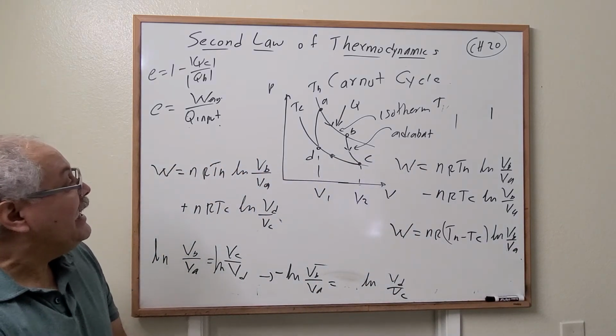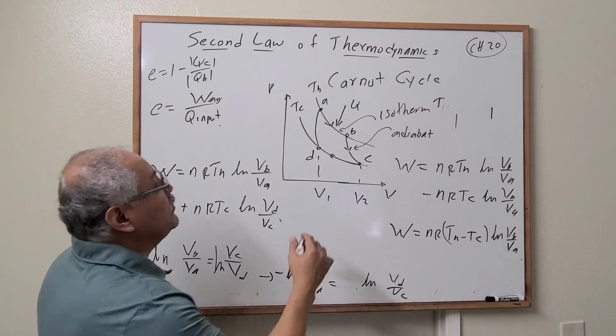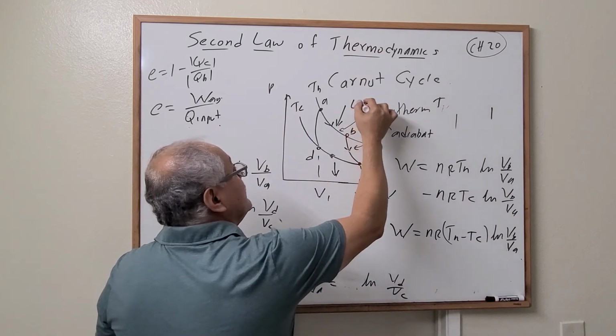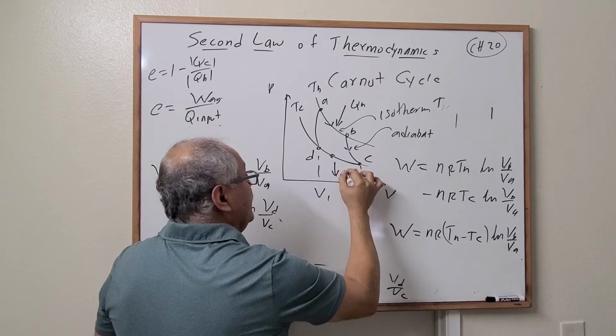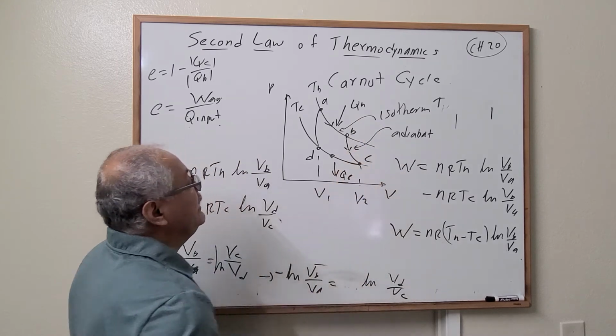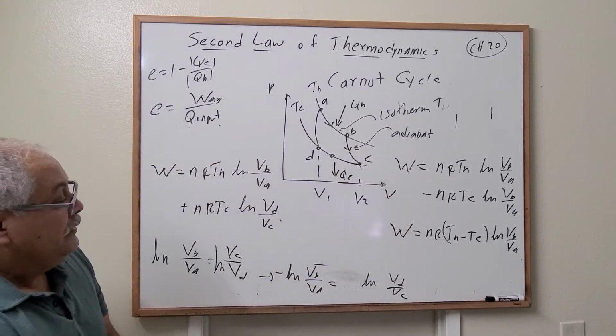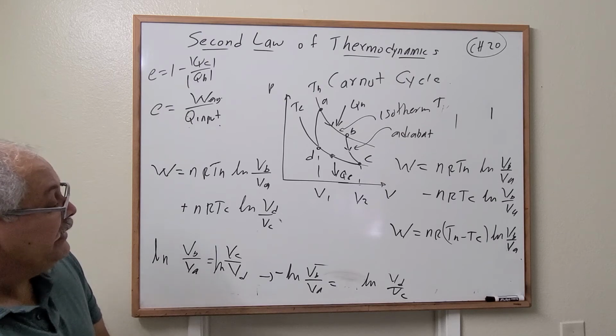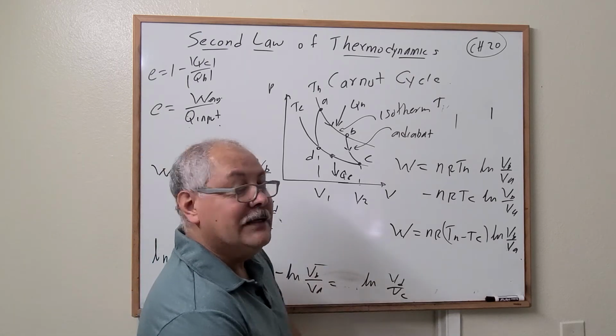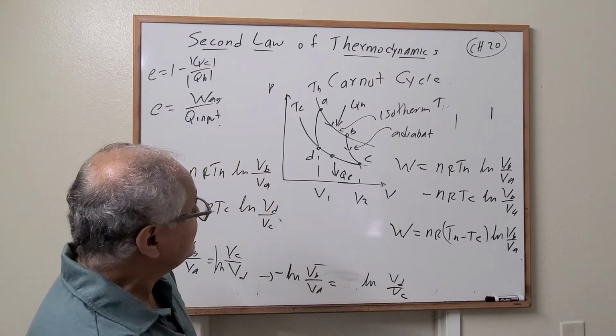That's the net work. Of course, we have heat coming out, Q_H and Q_C, the same idea. Got it? So this is the work done in this cycle.